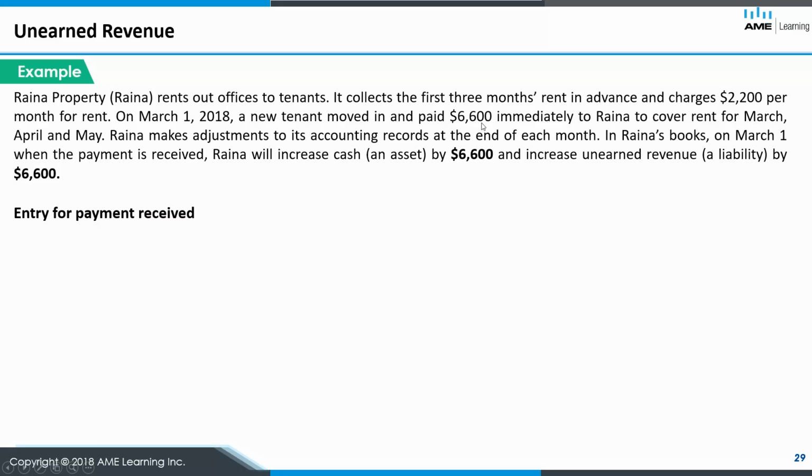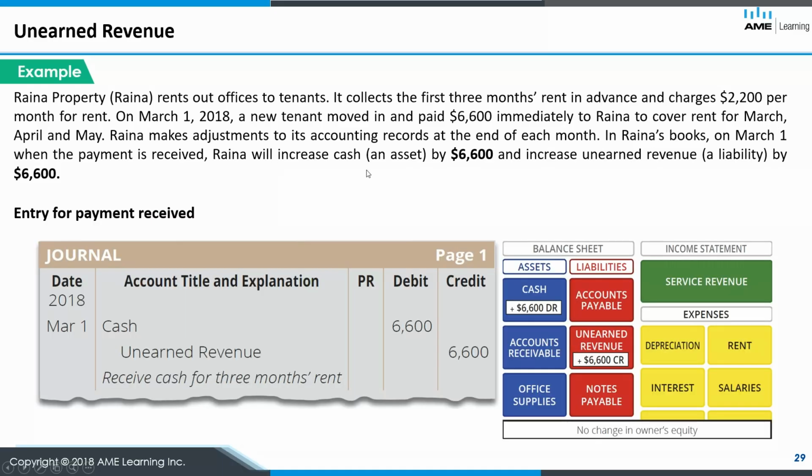So now they've got rent paid up front for March, April, and May. Then we, on the property owner side, go in at the end of the month, analyze the records, and see that we've got this tenant who moved in March 1st. They've paid us the 3 months, and now that the first month has passed, we're going to earn that revenue.